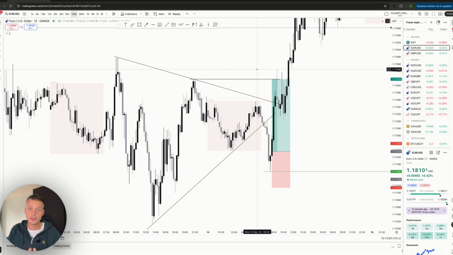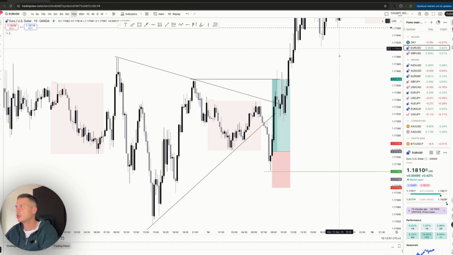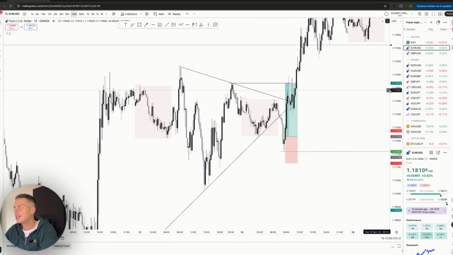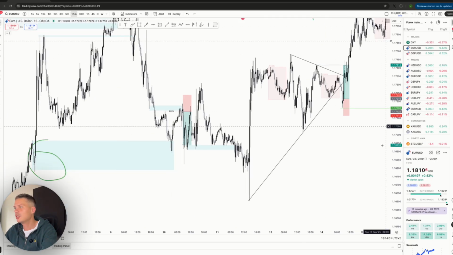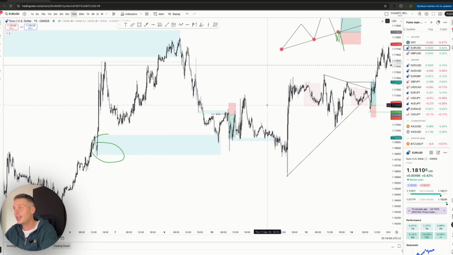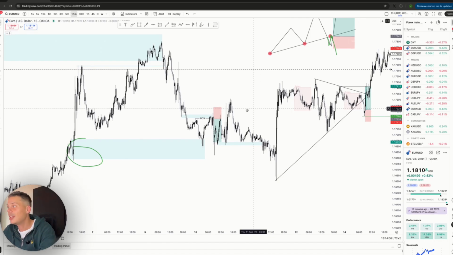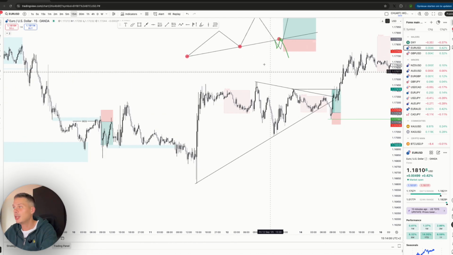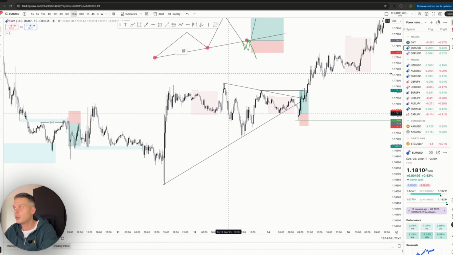I have a little test for you guys: go back on your chart and find any trend lines that are holding. I can draw several trend lines everywhere and you will see the trend lines mainly are not holding, right? What do we have over here? For example, we have first touch, second touch, potential third touch, melts towards the downside. We have one here, first touch, second touch, third touch, price smashed.